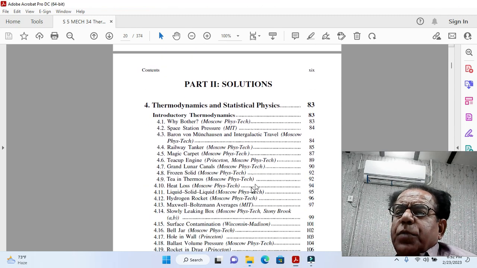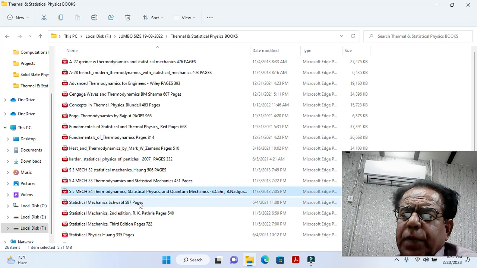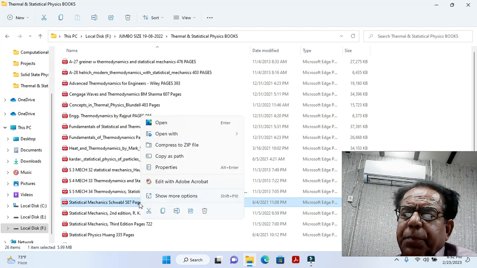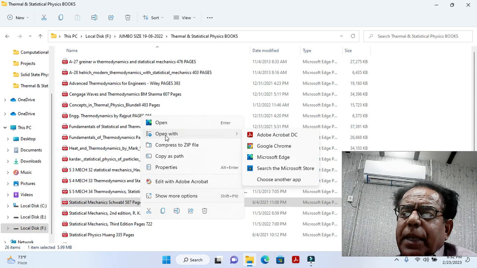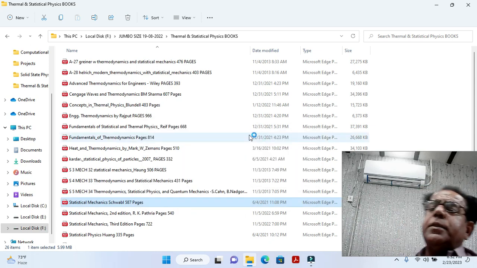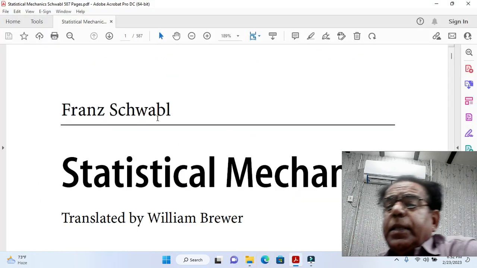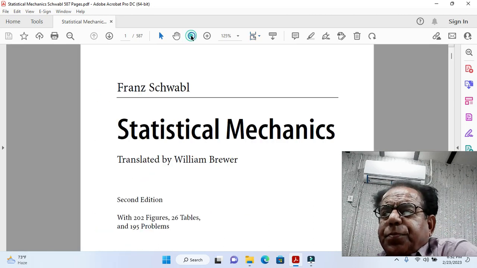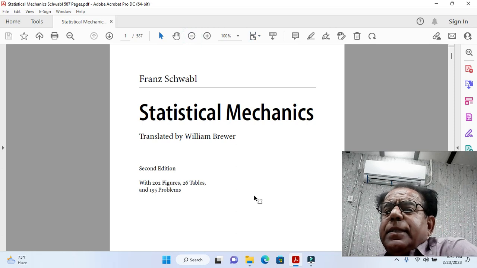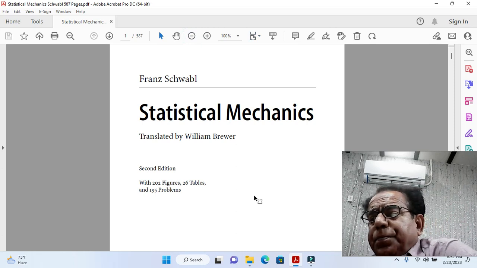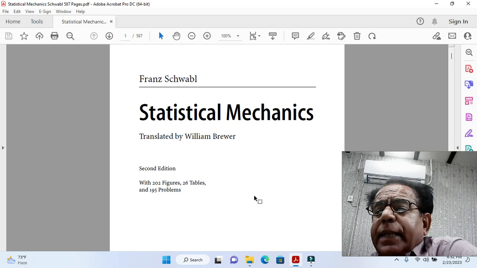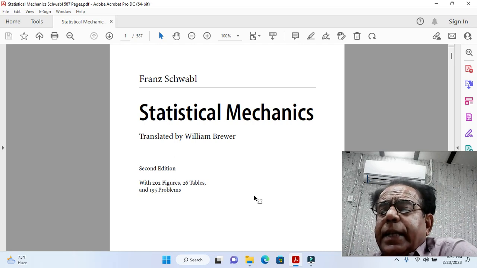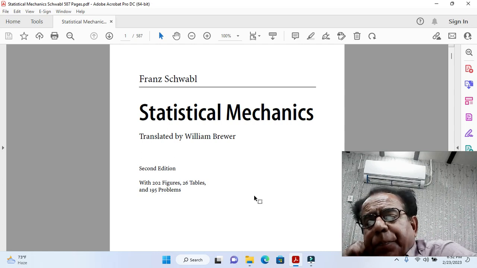Now we can move to the next book, which consists of 587 pages. The author's name is Schwabl, or Schabl.